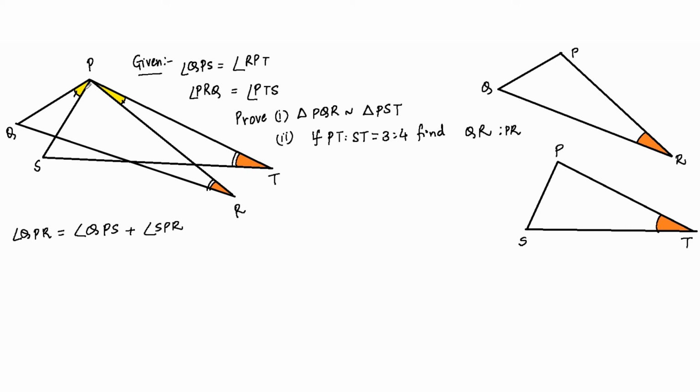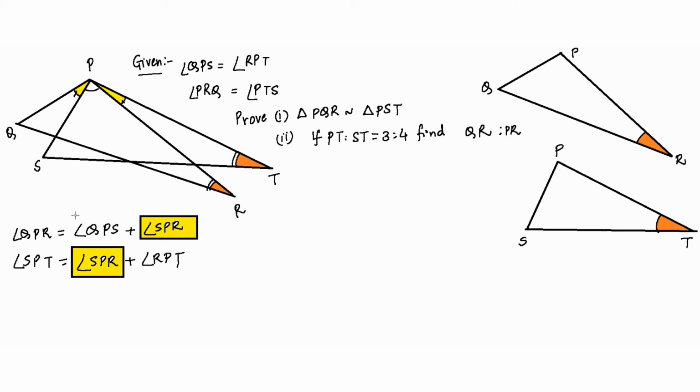So angle QPR is the addition of angle QPS and angle SPR, and at the same time angle SPT is also equal to angle SPR plus angle RPT. Now you will notice that angle SPR is common in both the equations, right? So these two are equal to each other. Let's mark them quickly.